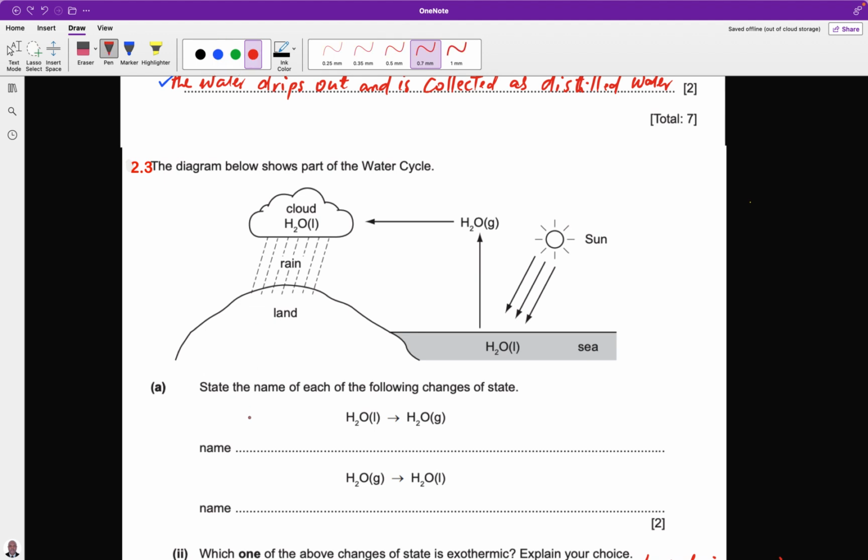If you write evaporation, that is from liquid to gas, is evaporation.